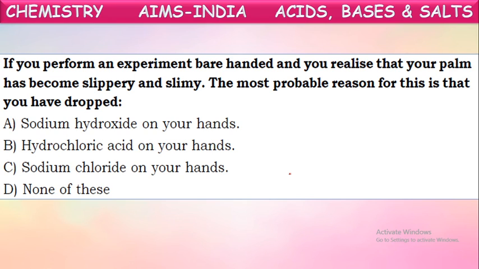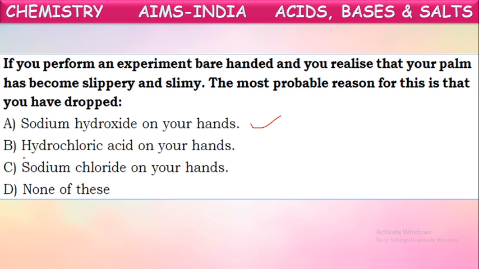So if you feel slippery and slimy on your hands, some base has fallen on your hand. See the first one, sodium hydroxide on your hands. Sodium hydroxide is one of the basic substances and is slippery to touch. This will be the correct one.